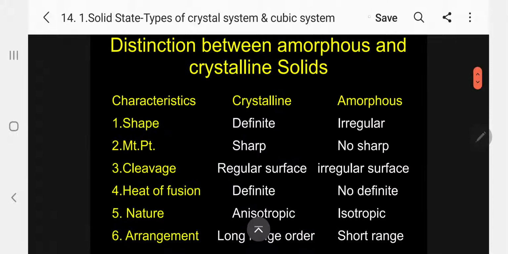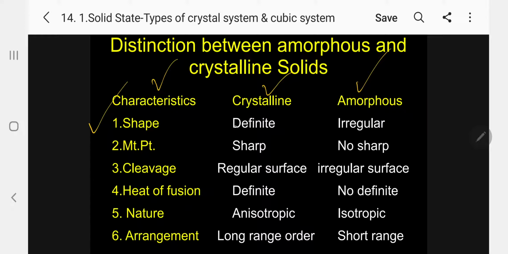Now, this is the most important, my dear students. Please, you have to memorize the distinction between amorphous and crystalline solids. Questions can be asked in the NEET question paper. There are three columns: characteristics, crystalline, and amorphous. One, shape.